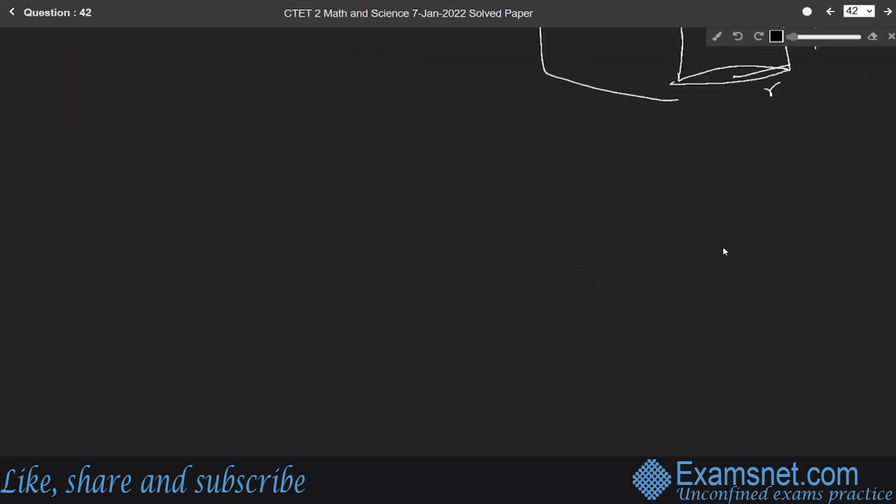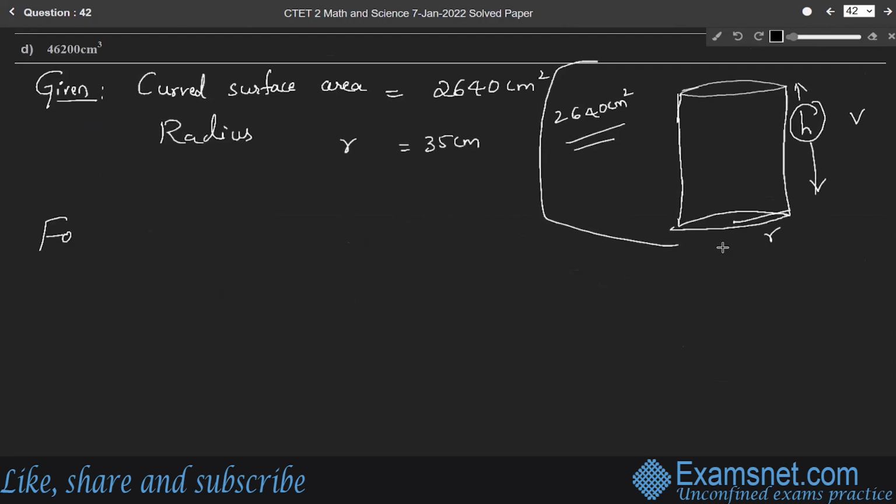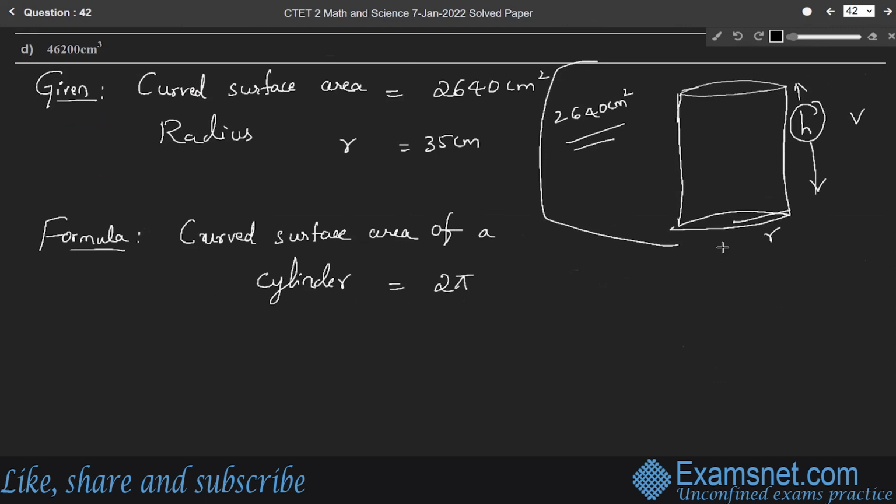So formula to be used here, curved surface area of a cylinder is equal to 2 pi RH and volume of the cylinder V is equal to pi r square H.